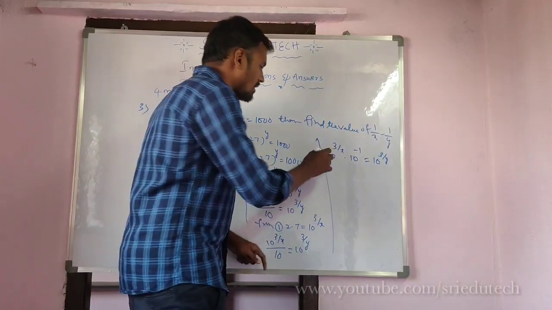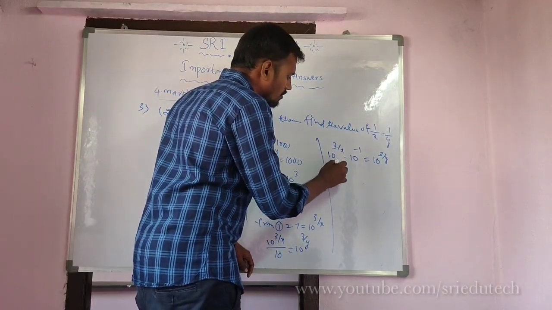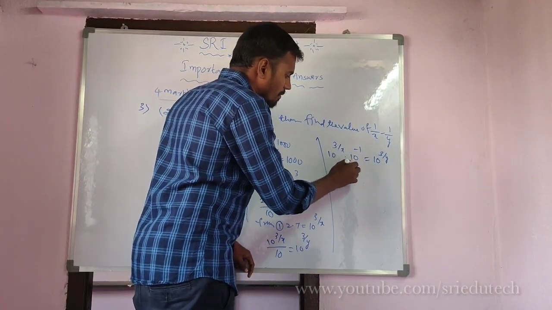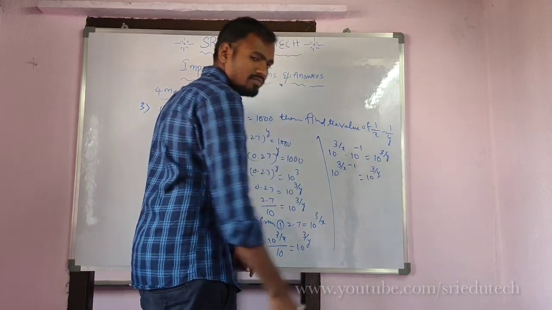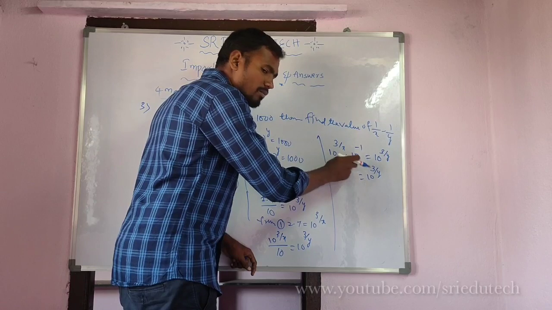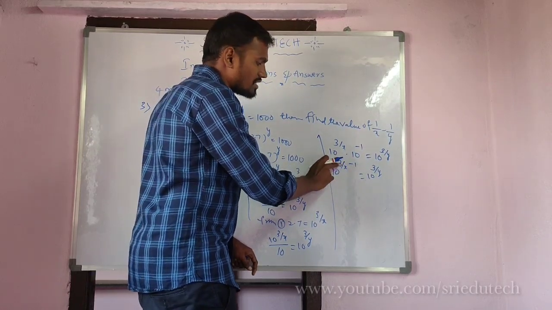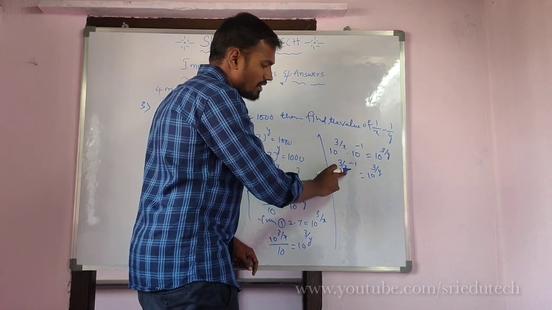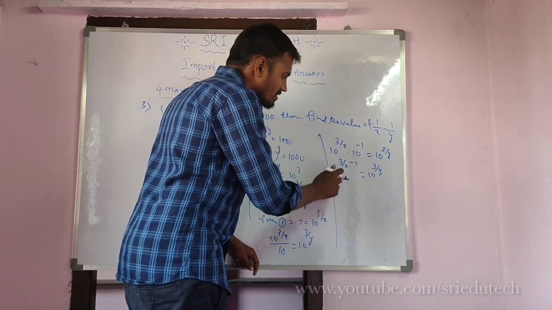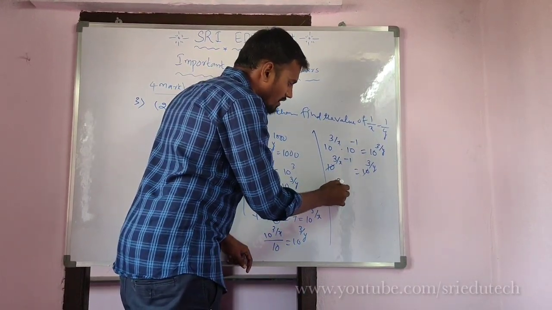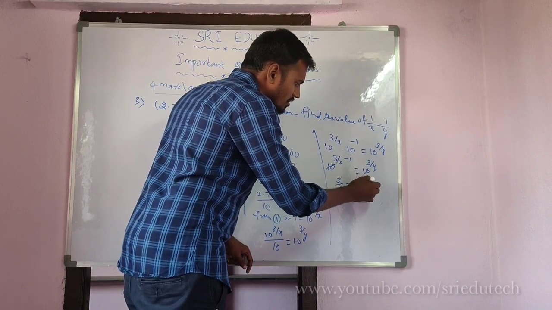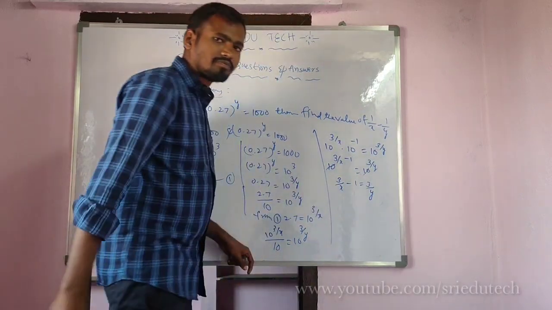See, same means 10 to the power of 3 by x minus 1 is equal to 10 to the power of 3 by y. Plus into minus 1, that's why I am keeping directly 3 by x minus 1. See here, both 10 cancels, then 3 by x minus 1 is equal to 3 by y.